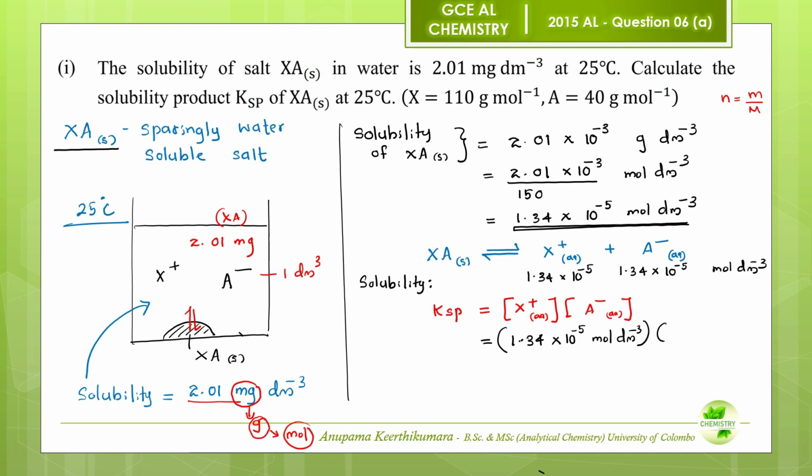Therefore, it's 1.34 times 10 to the negative 5 moles per cubic decimeter. Ksp of XA equals 1.79 times 10 to the negative 10 mol squared dm to the negative 6.